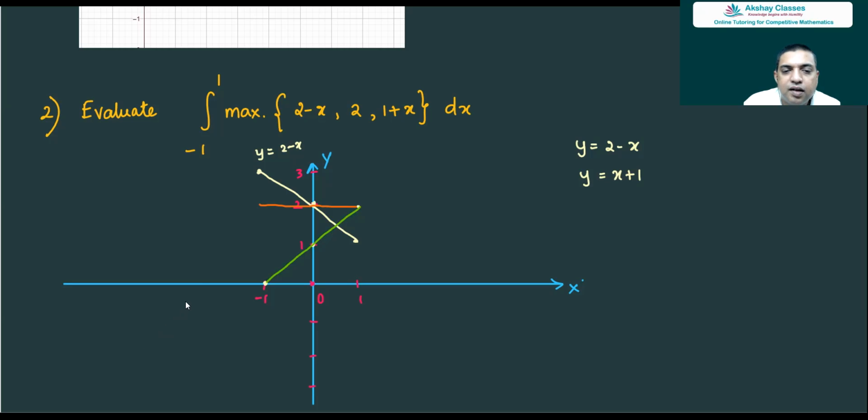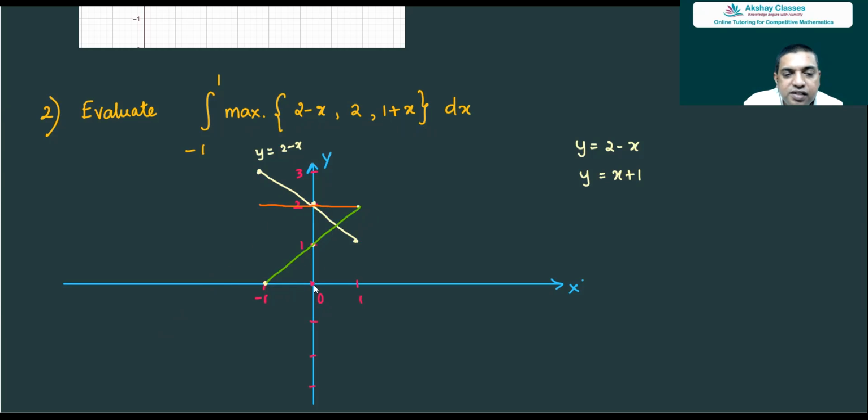Okay. So now we have to find the maximum. If you see in this particular interval, minus 1 to 0, the maximum value is of this line, 2 minus x. This is the maximum.